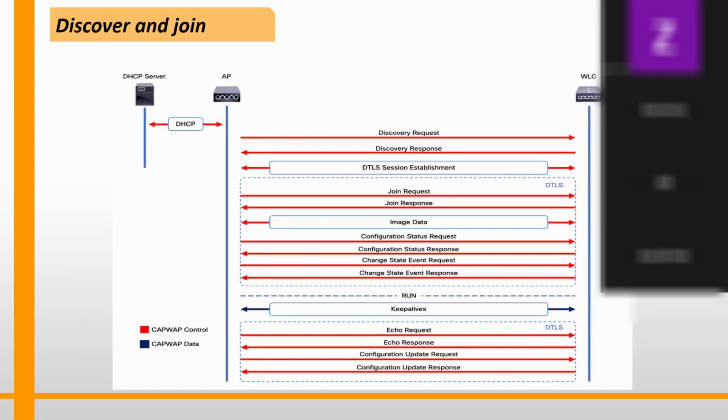Then the keepalives would be sent on a regular basis: echo request, echo response, just like a heartbeat. If any incremental configuration changes are there, then the configuration update request and update response will be sent. Whatever is there in the red is the CAPWAP control messages. Whatever is present in the blue is the data.